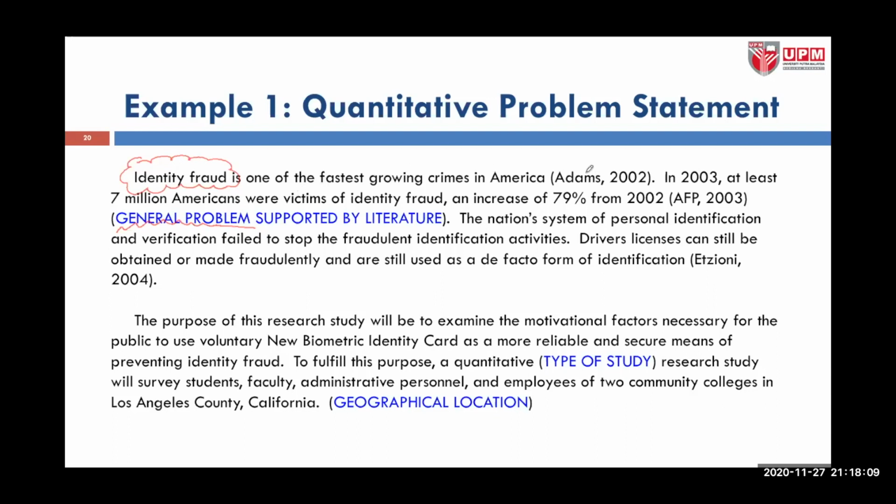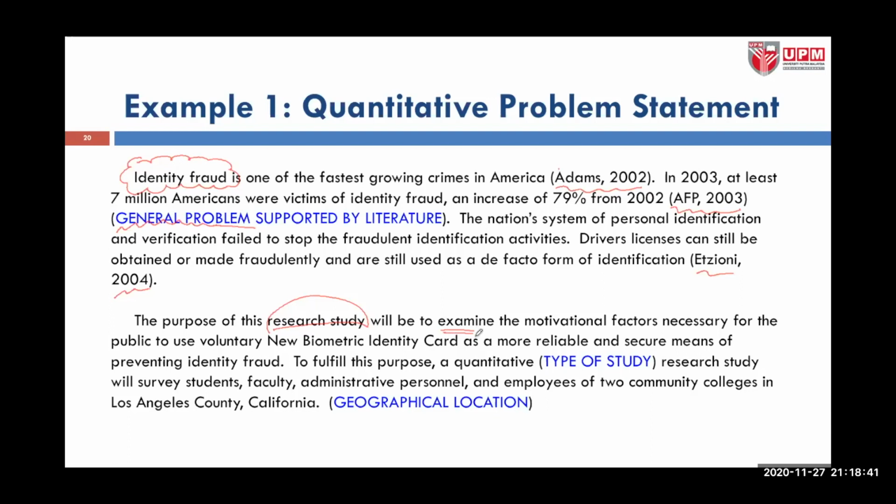It is supported by the facts from the literature. There are 3 literature sources being given there, and this is the source of the problem. From what was reported in 2003, 2002, and 2004, you then come out with a research study to examine the motivational factors.